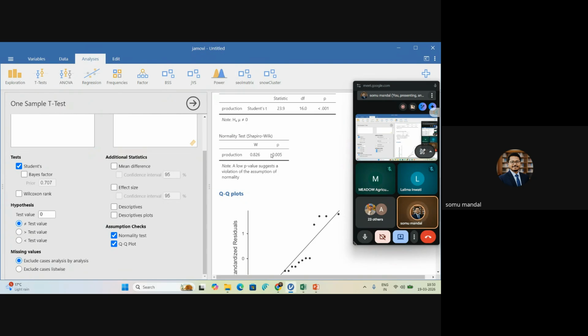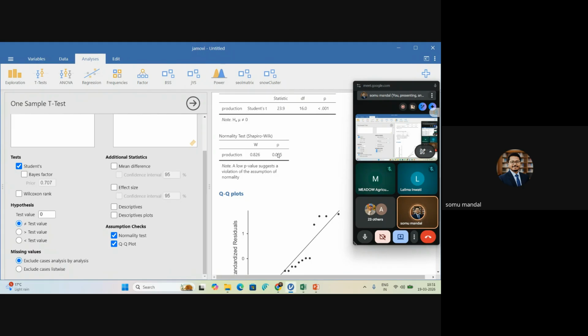In the Shapiro-Wilk test, if the p-value is greater than 0.05, it is considered a normal distribution. If the value is less than 0.05, it is considered not normal. Why?